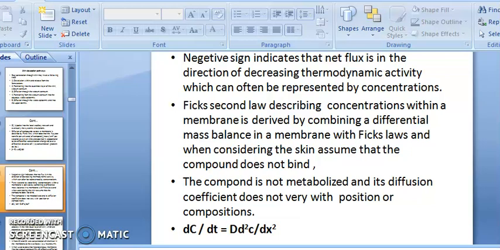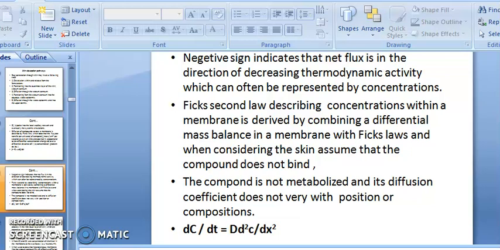Fick's second law describes the concentration within the membrane, derived by combining the differential mass balance in the membrane with Fick's law. When considering the skin, assume that the compound does not bind to the stratum corneum or skin, the compound is not metabolized, and the diffusion coefficient does not vary with position or composition.